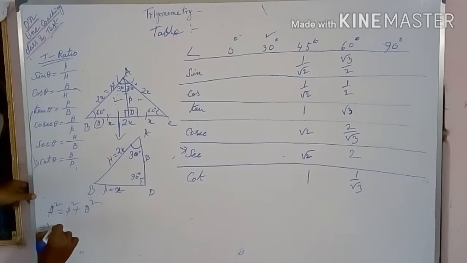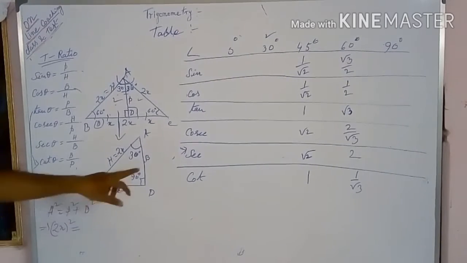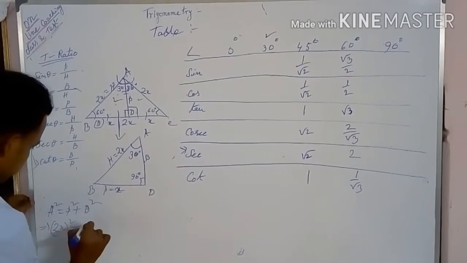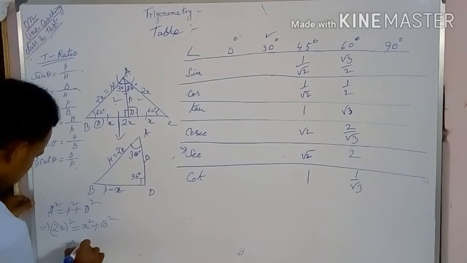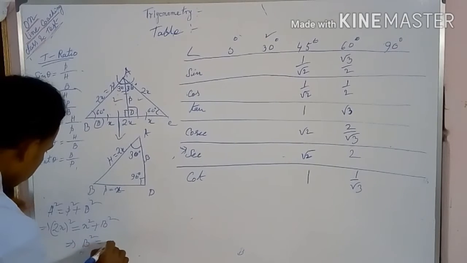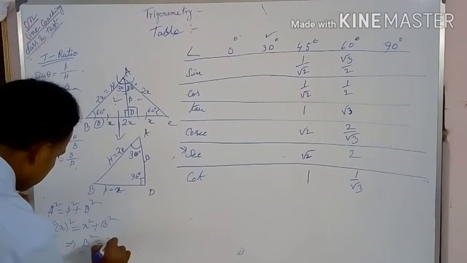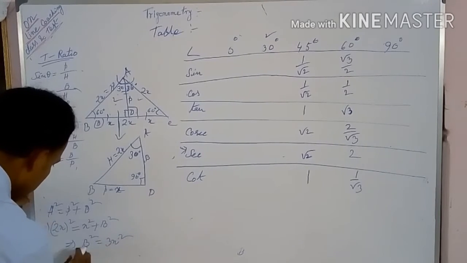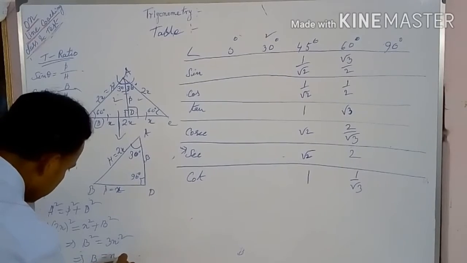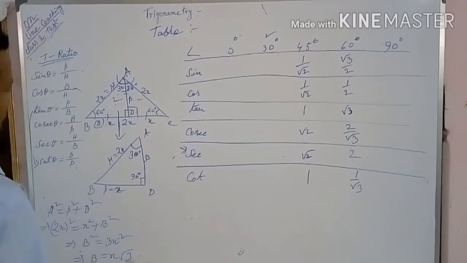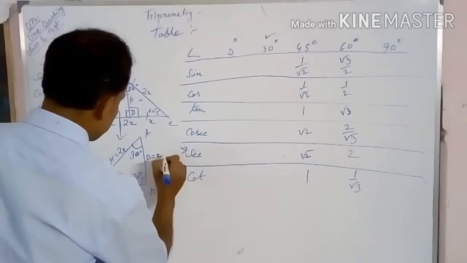H square is equal to 2x whole square, and that equals perpendicular x square plus base square. So b square is equal to 3x square, or b is equal to x root 3.